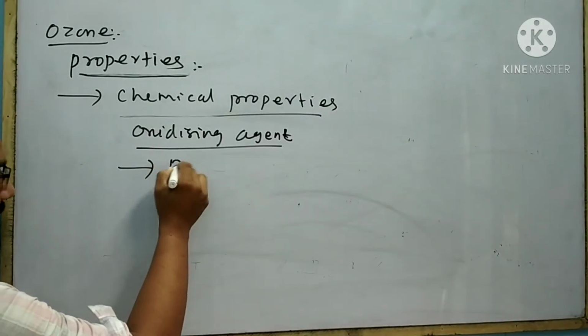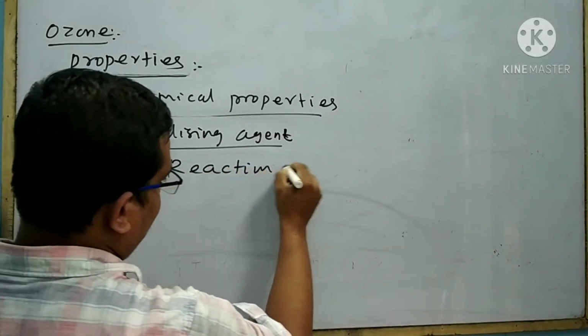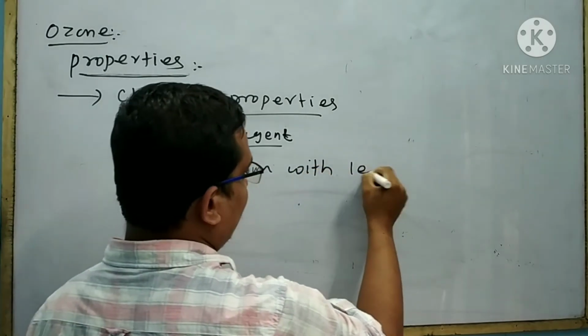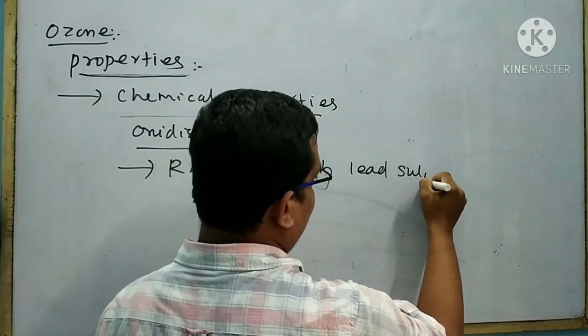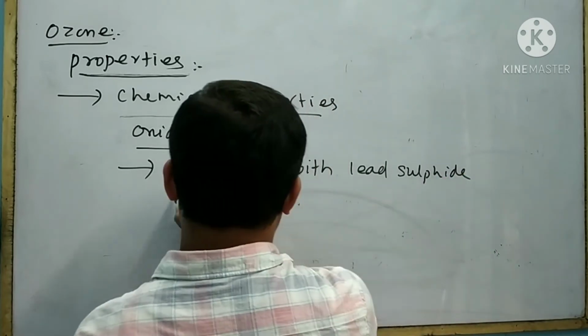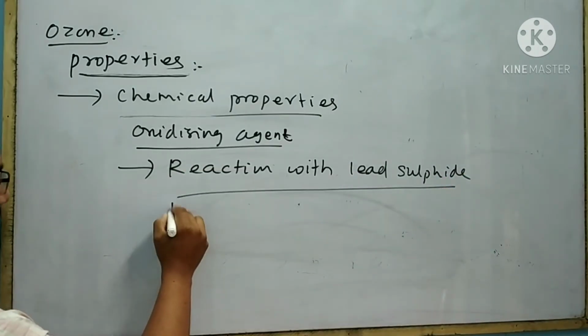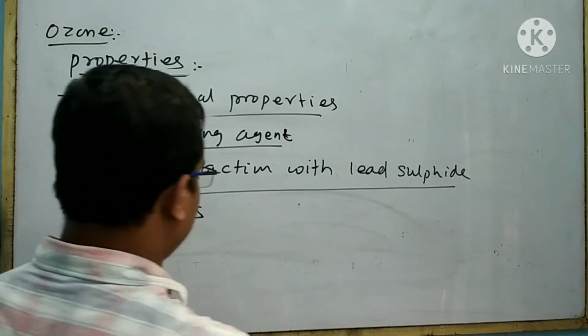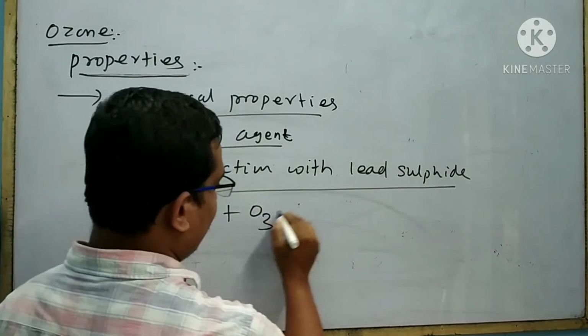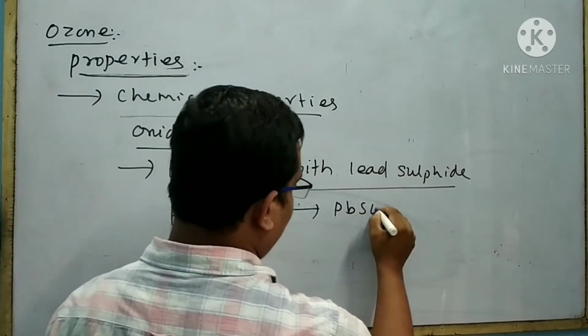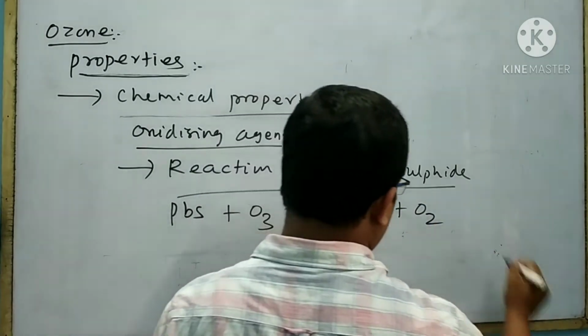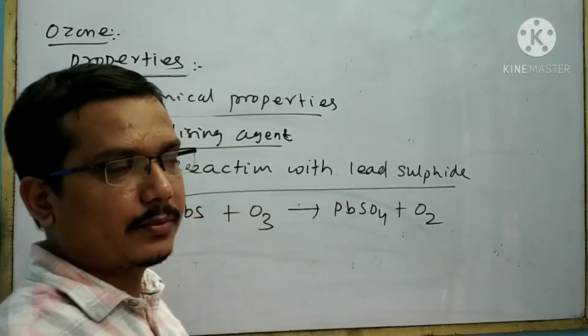Next reaction is reaction with lead sulfide. When lead sulfide is subjected to reaction with ozone, then lead sulfate and oxygen are formed.